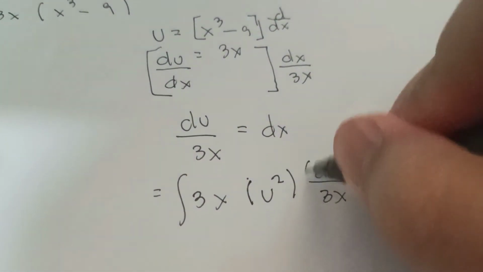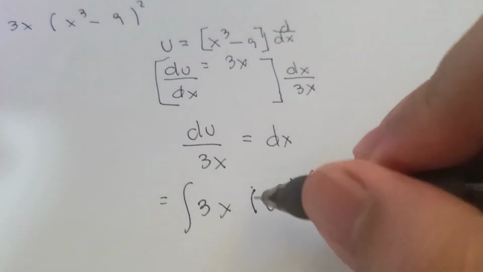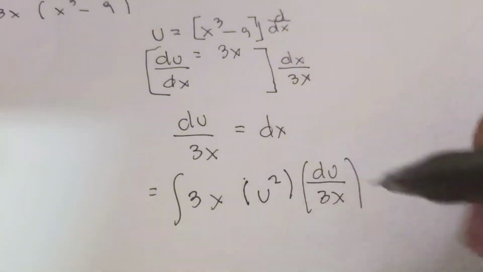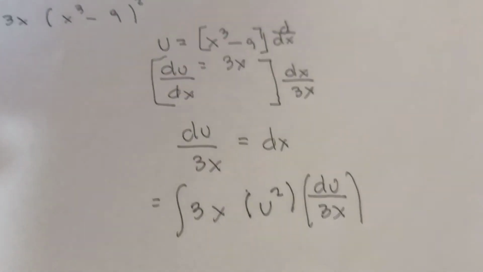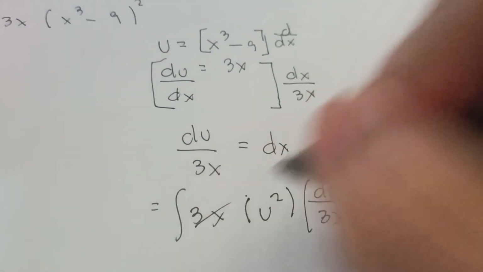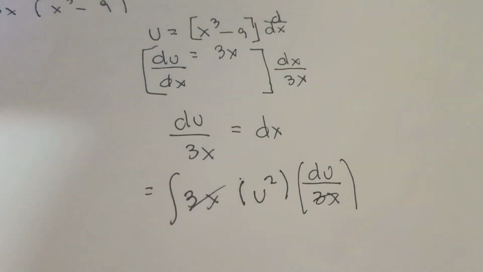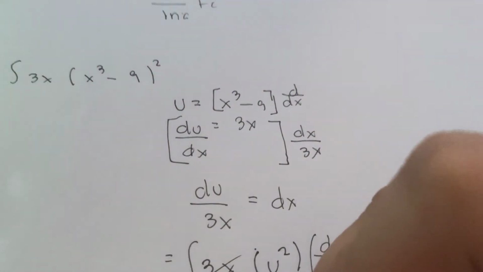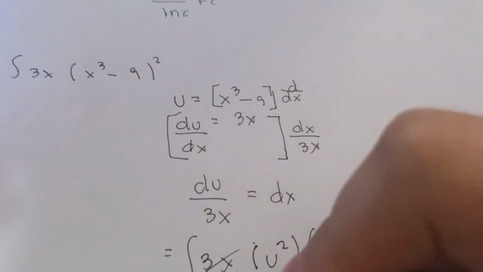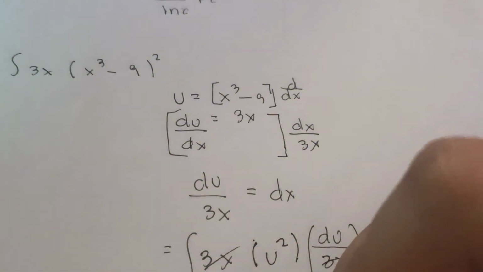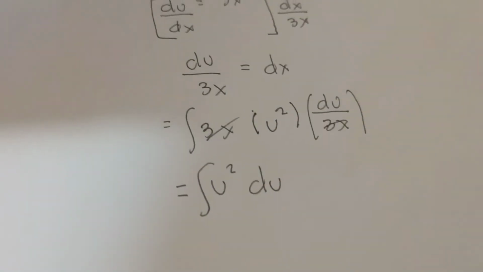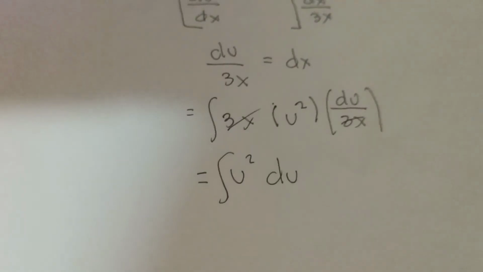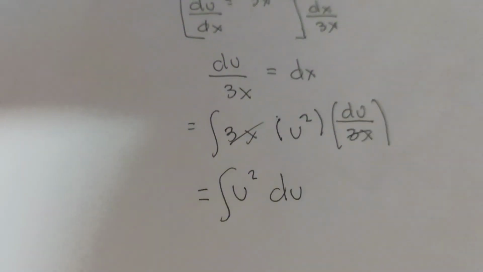So we're gonna perform our multiplication here. 3x times du over 3x, since they are the same, it will be equal to 1. You just need to cross it out. And now the only one remaining is the integral of u squared du. So by getting the integral of this with respect to u, we're gonna use the power rule for integration.